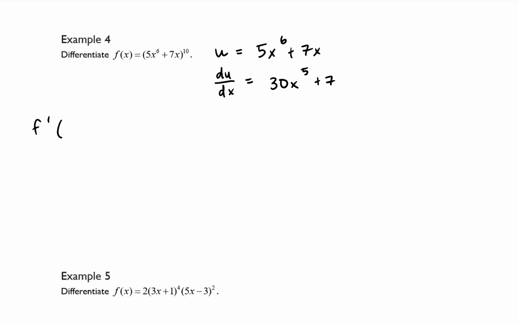So f prime of x will equal 10 u to the 9th power. I've used the power rule there, and then I need to multiply this by du/dx. So that's going to equal 10 times u. I'll substitute u back in.